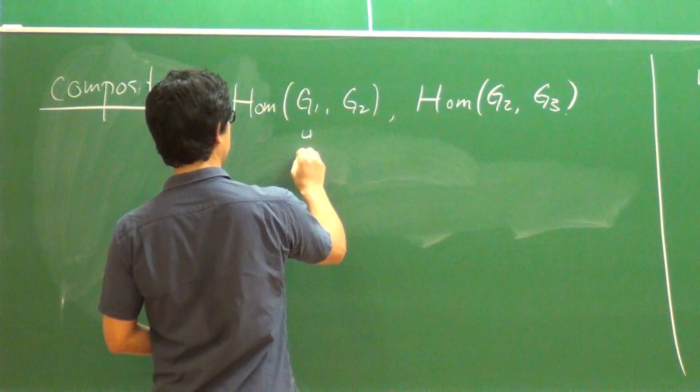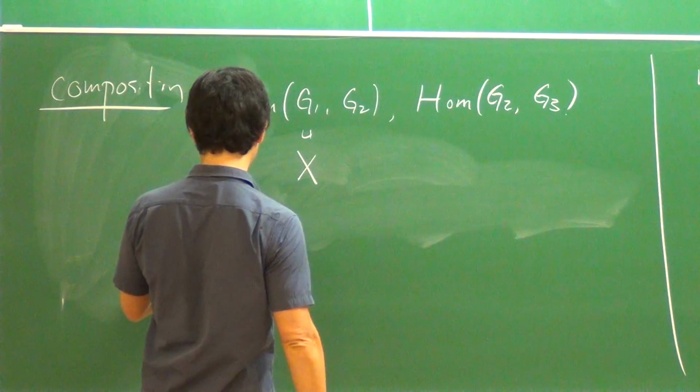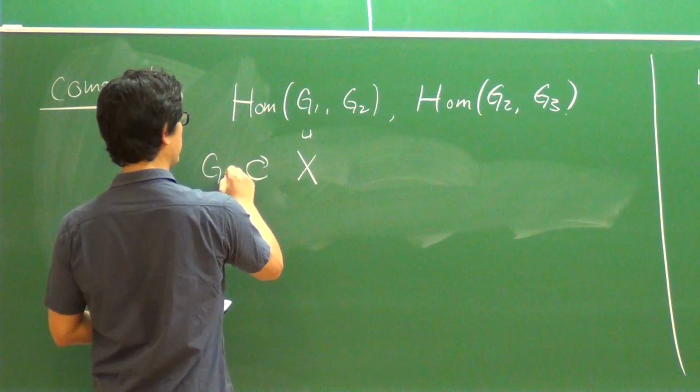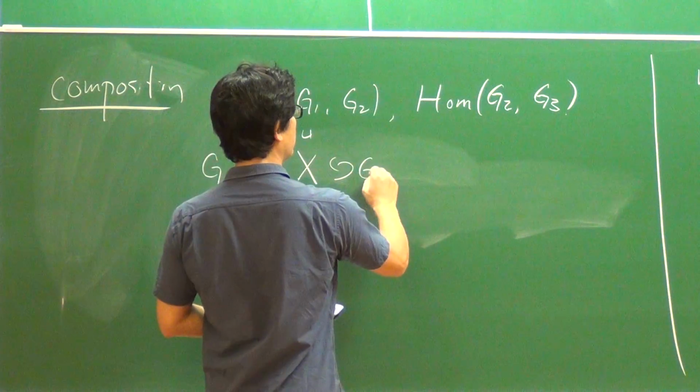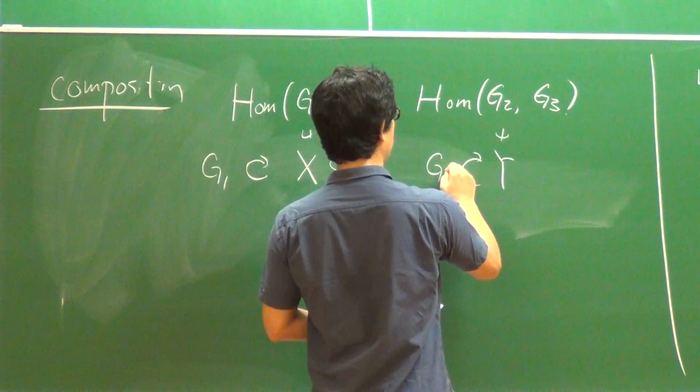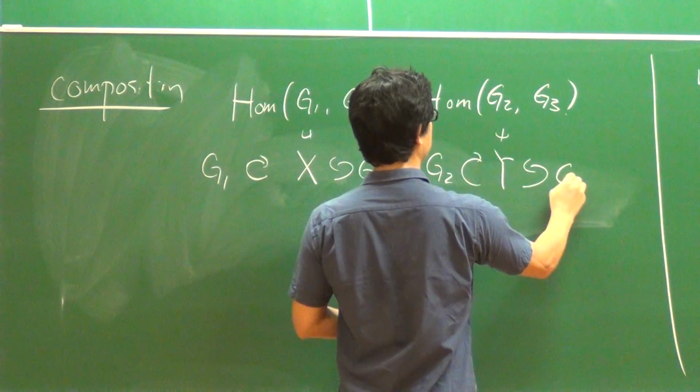Elements here are certain symplectic varieties with two commuting Hamiltonian actions of G1 and G2, and here with Hamiltonian actions of G2 and G3.